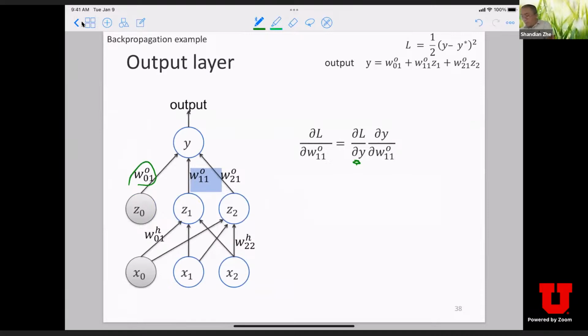What we really need to compute that is brand new is partial Y over partial W110. What is that? It's just Z1, because the coefficient of W110 is just Z1, namely the input neuron.